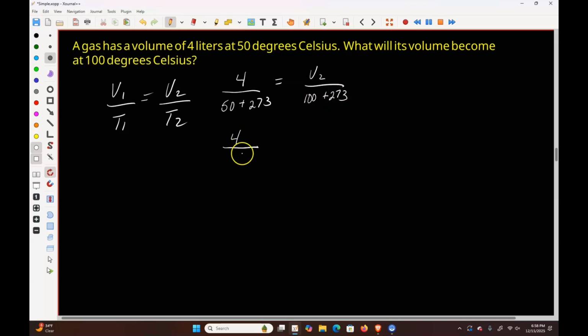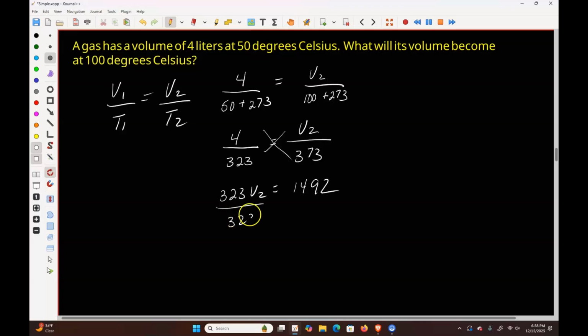That means I have 4 over 323 equals V2 over 373. Cross multiply, so I have 323 V2. 4 times 373 is 1,492. Divide both sides by 323. So my volume 2 should be equal to 4.62 liters.